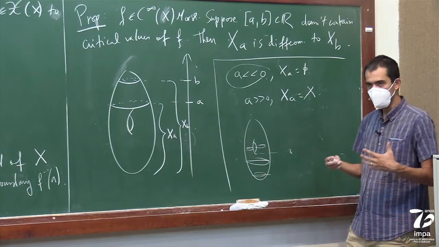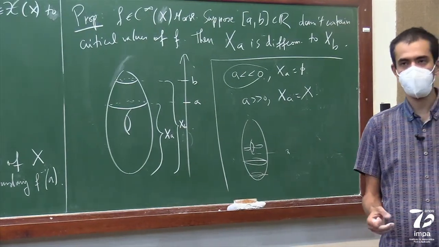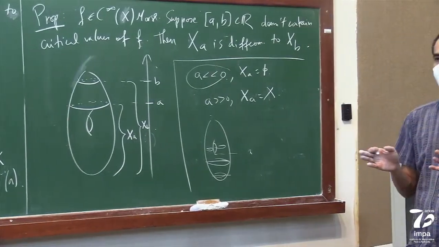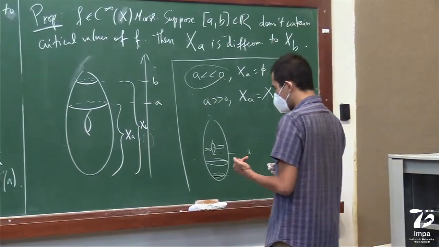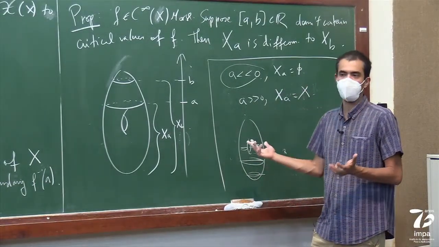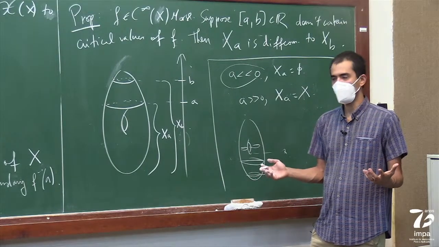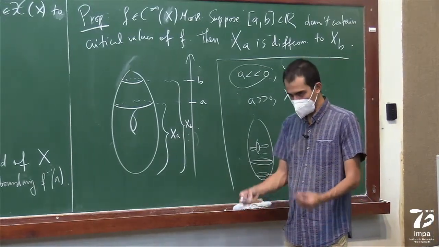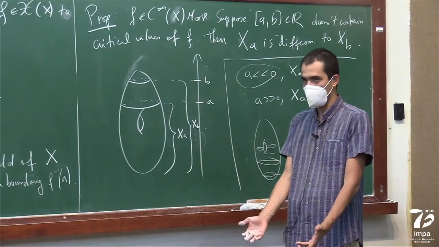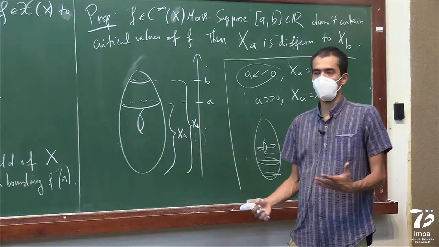So anyway, this is kind of the way that a Morse function helps us to build manifolds. The crucial point is not this proposition, but what happens when you cross a critical value. But before that, you need to see that most of the time, nothing happens. So basically, you start from the empty set, and when you look at your manifold from the bottom to the top, when you have the first critical value, something happens.